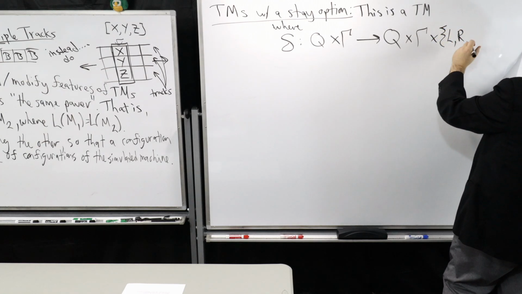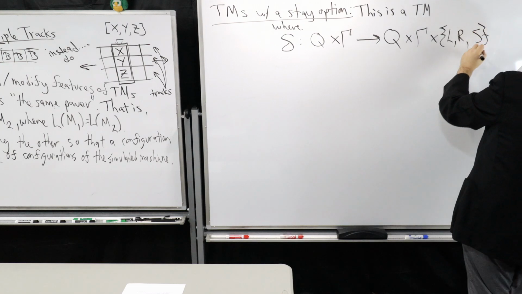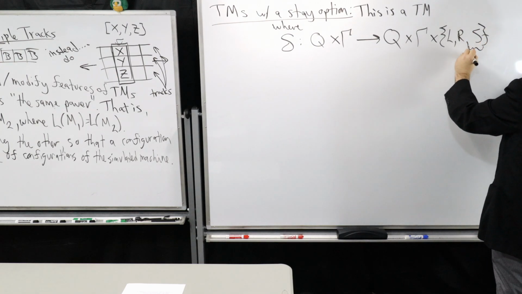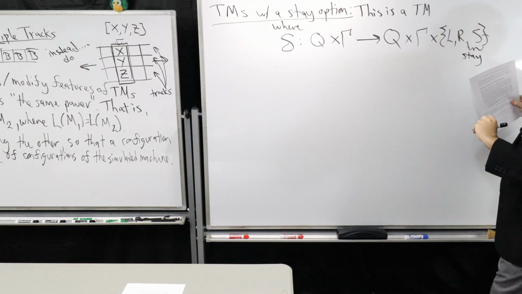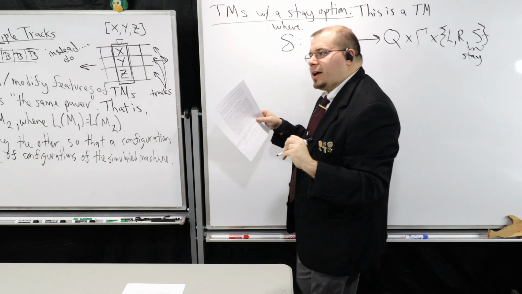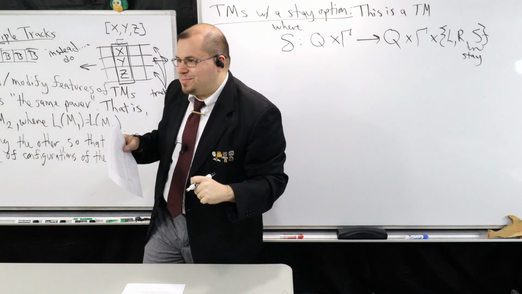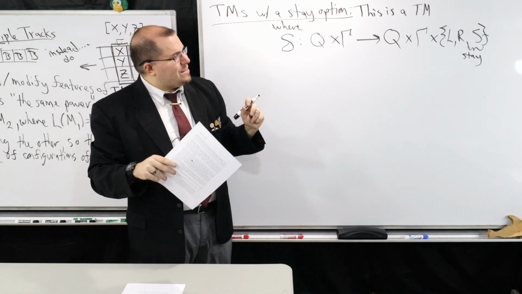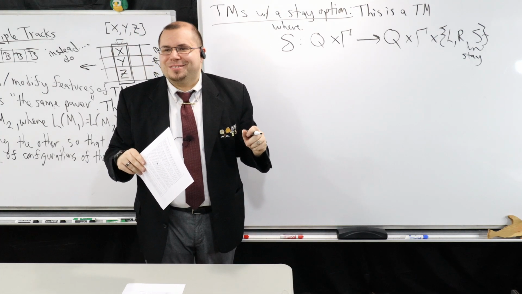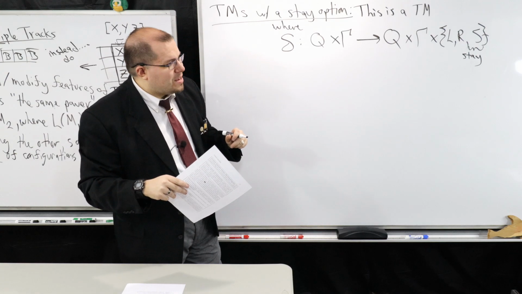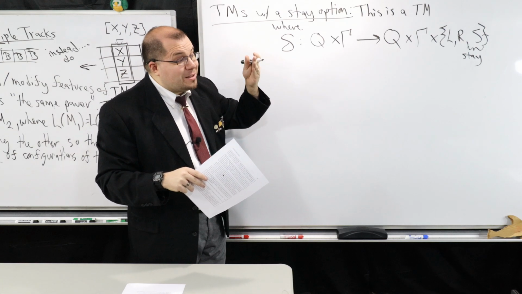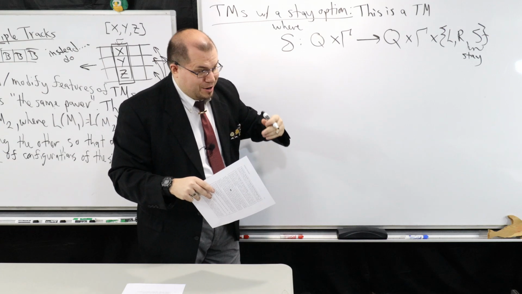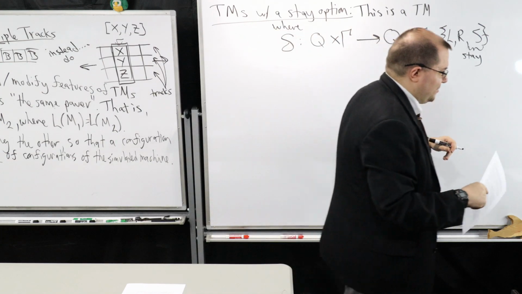Remember, these are my directions, but I'm going to introduce a third one. I'm going to call this stay. And the stay option just means I don't move the head left or right. It just stays put. It stays in the same spot. So does everybody get the general gist of what the Turing machine with a stay option is? So it's just going to stay, so I have the ability to keep that head in one spot, as opposed to moving it left or right as well.